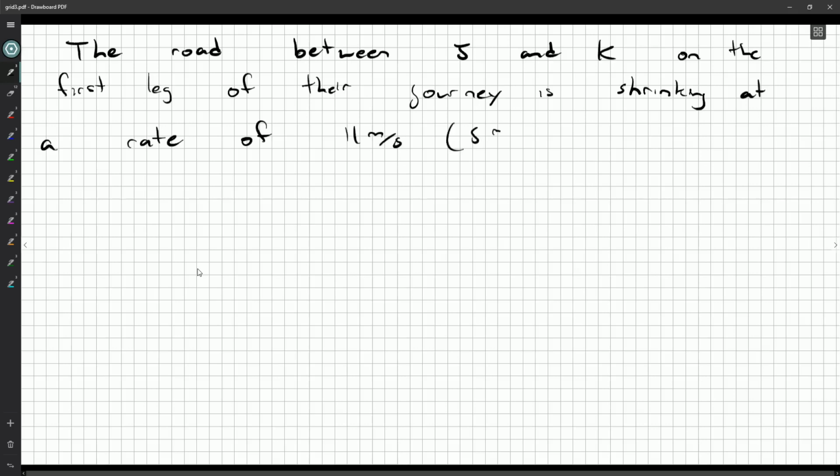And you could remind them it's 5 meters per second plus 6 meters per second, but they're going to see where you got the 11 from pretty quickly.